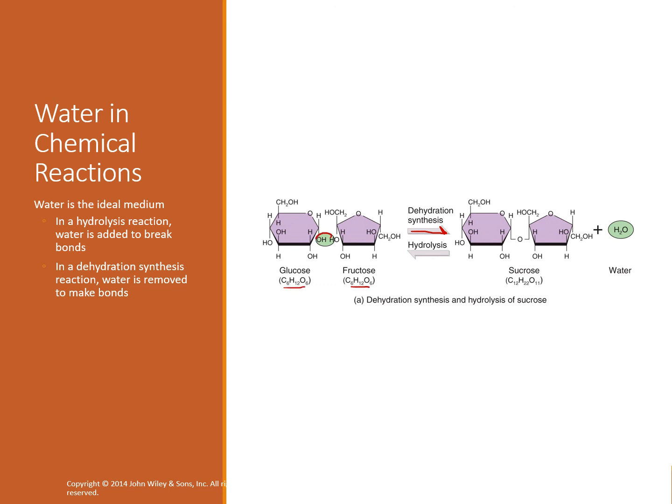So here we have OH2 that is going to be removed as a water molecule, and then we're going to have these bonded together. And then the opposite will occur when we have a hydrolysis reaction. We take sucrose, we add water, and then in the end we get glucose and fructose as two separate compounds.